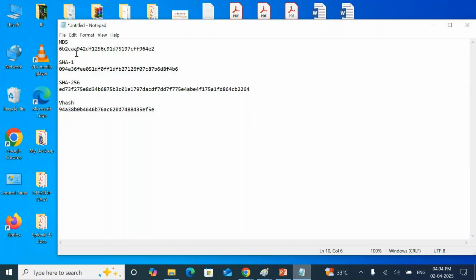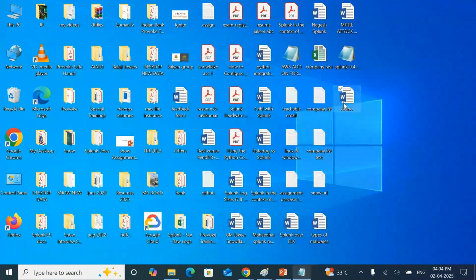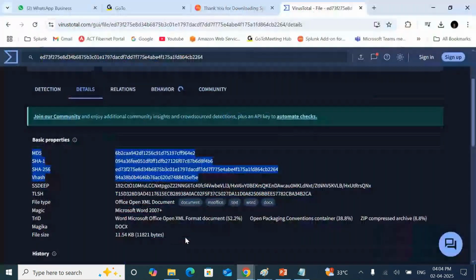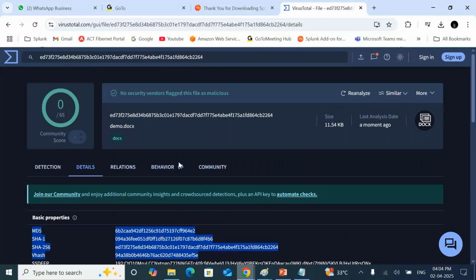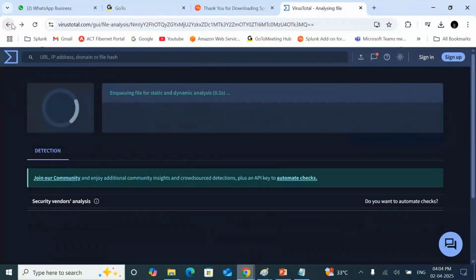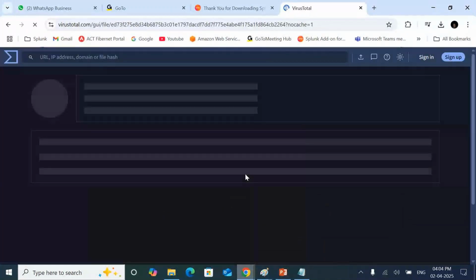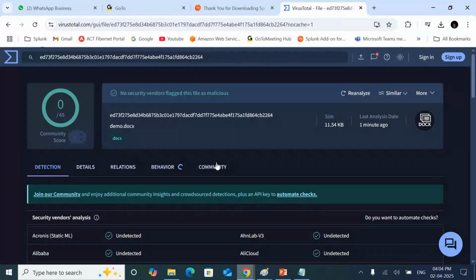So after that, you can check this malicious file, and the hash key has changed. If you observe, go and check. Why? Because you didn't check the original file hash key, sir.